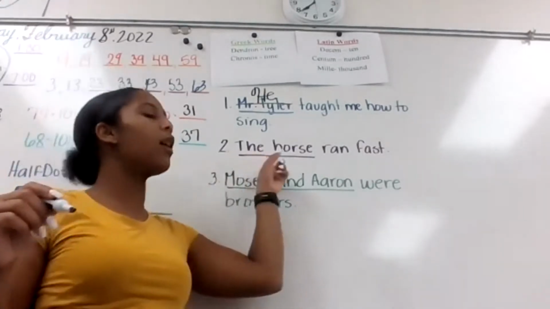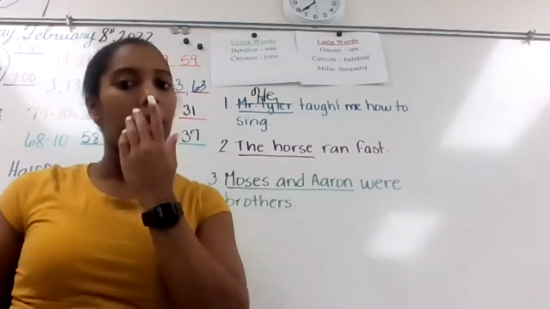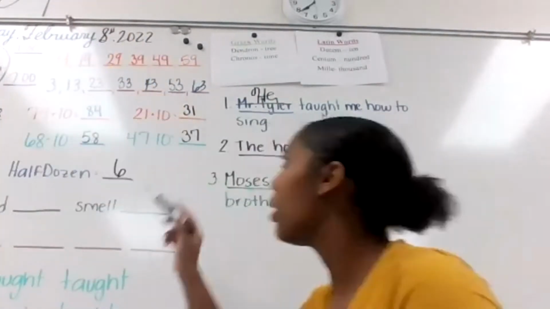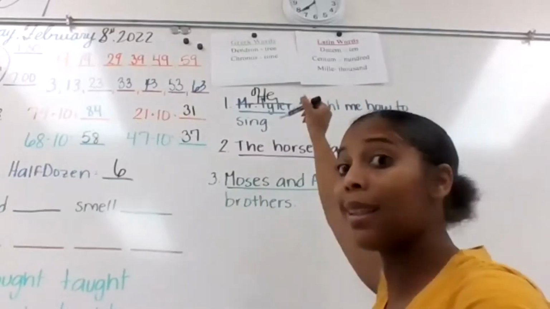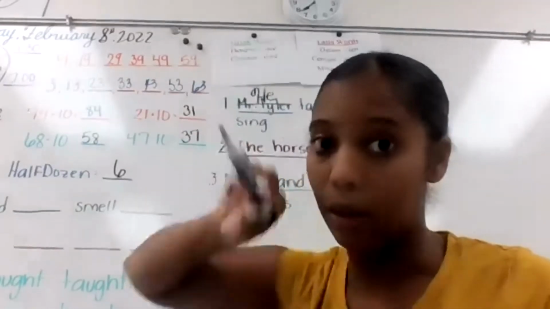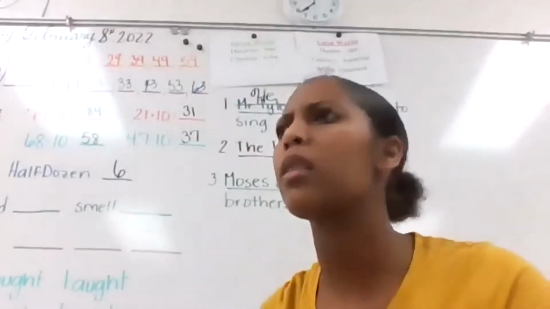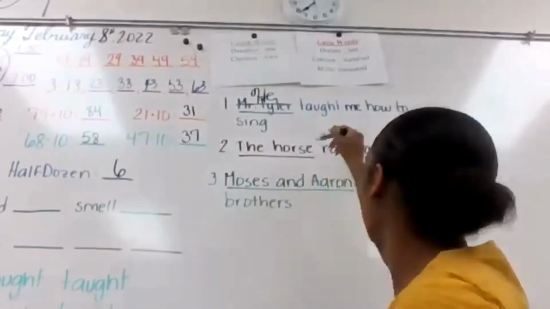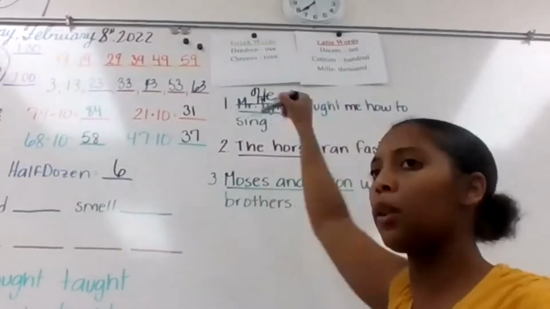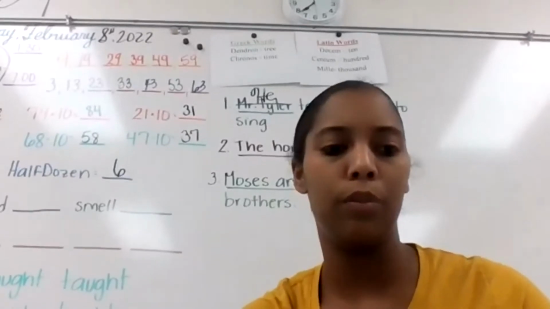Okay, number 2, the horse ran fast. So let's go ahead and take out the horse. Now that's a thing. There are only certain pronouns we use for things. The horse ran fast. So take out the horse and put the correct pronoun.